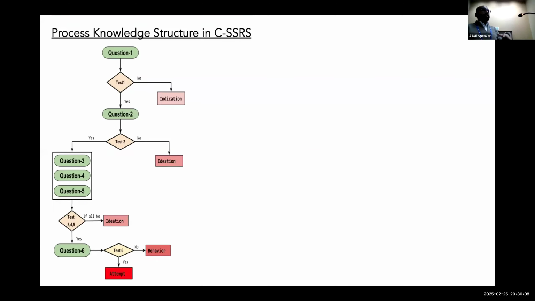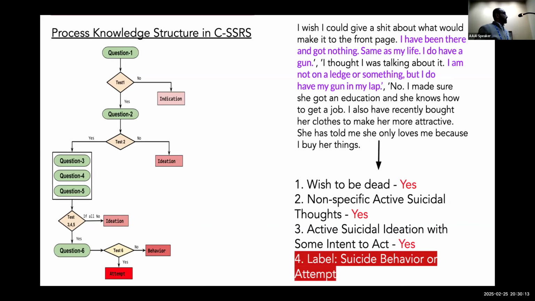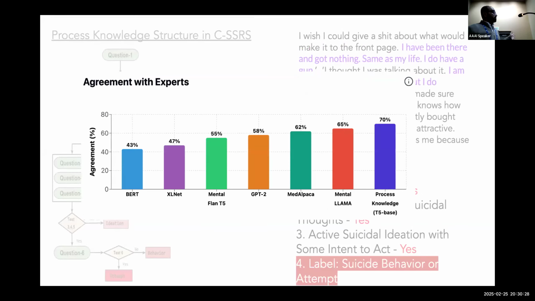Okay, so how does this translate into the direction of the model's attention? If I have the same input which I was referring to, I'm trying to look at those questions and saying that, based on those answers of yeses, I'm making the final prediction or the final label of that particular post. And what we found by just stitching this decision tree and this pattern of process knowledge across all of these models is a significant improvement in these models' behaviors, right?